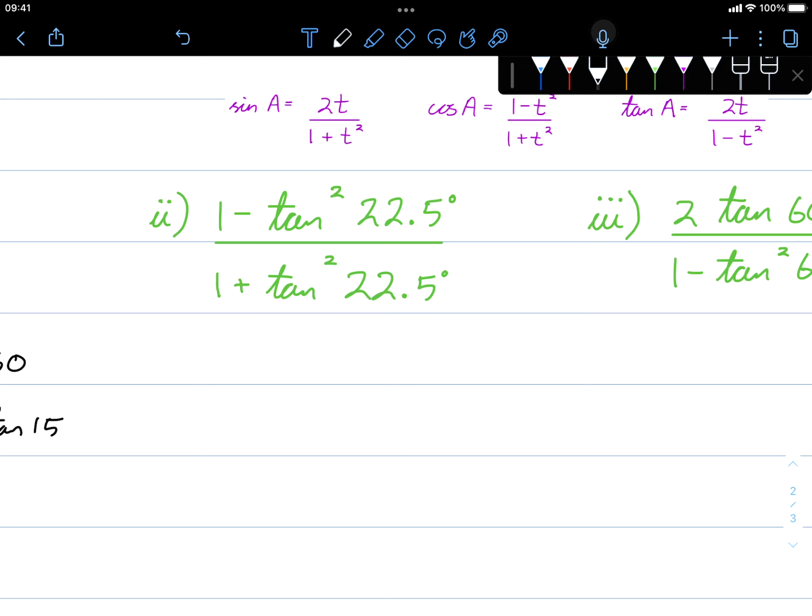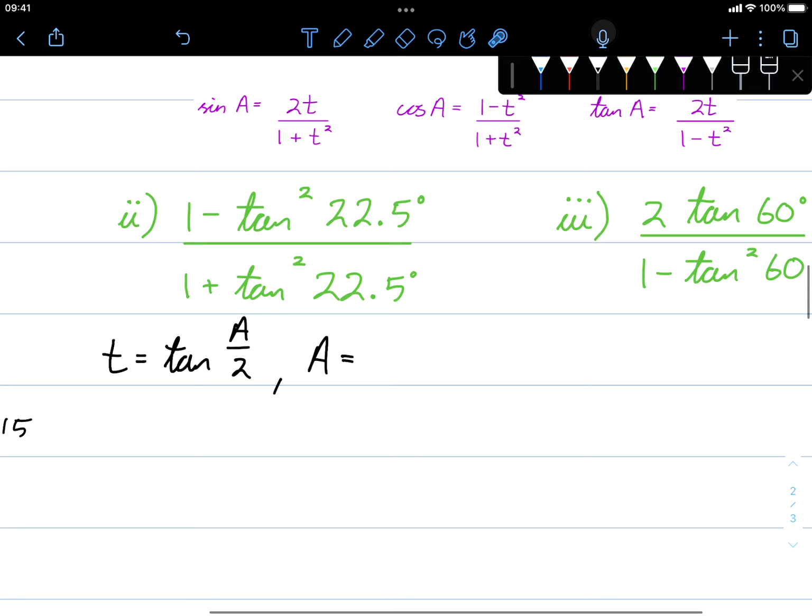Okay, so we're going to let t equal tan a on 2, and we're going to let a equal something so that when we divide it, it's going to be 22.5. You can think of it like this: a over 2 equals 22.5, which if you calculate that, a is equal to 45.